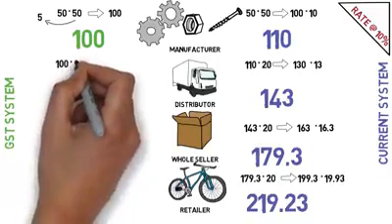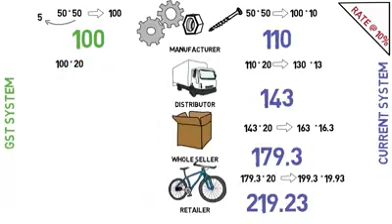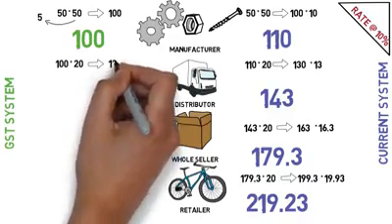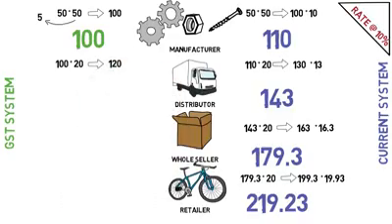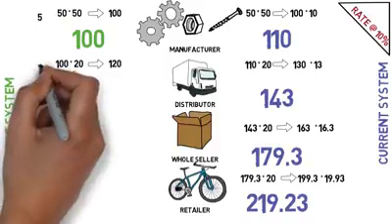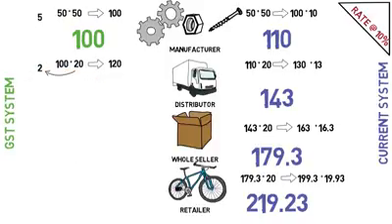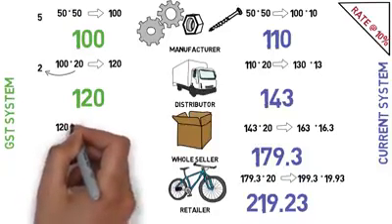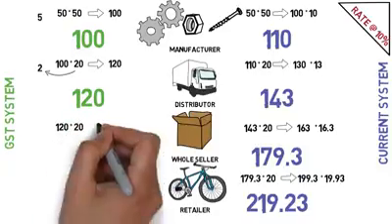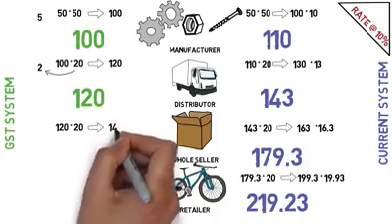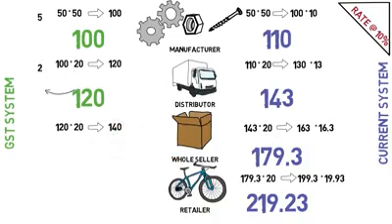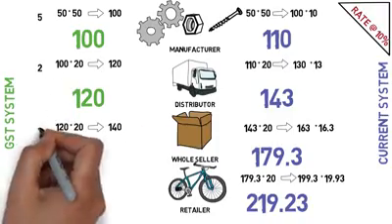Then the distributor adds 20 rupees profit and the product becomes 100 plus 20, which is 120 rupees. He pays the tax of rupees 2 on his profit of 20 rupees. The wholesaler buys the product for 120 rupees and follows the same pattern, adding 20 rupees as his profit, and the price will become 140 and he pays the tax of rupees 2 on his profit of 20 rupees.